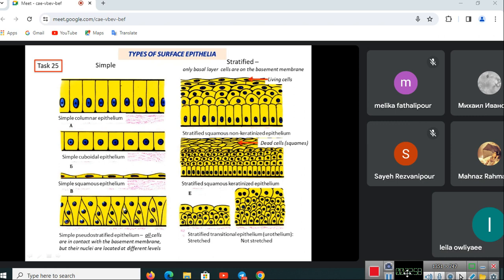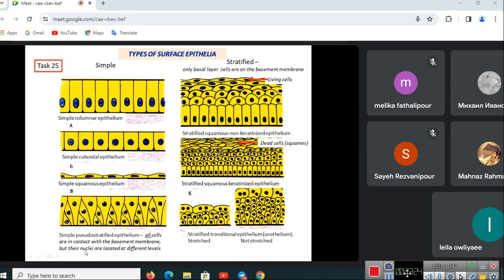So this looks like stratified, but not really is stratified. Why? Because here all the cells have contact with the basement membrane. But in real stratified epithelium, only cells of the basal layer have junctions with basement membrane, and other cell layers have junctions only with adjacent cells.